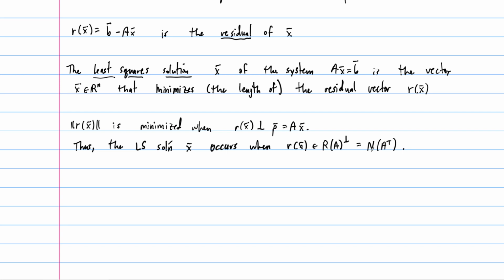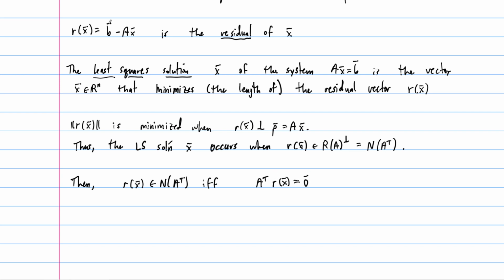For this vector to be in the null space, what do we need? Let me just write it all out here. R of x is in the null space of A transpose if and only if A transpose times R of x is equal to the 0 vector.